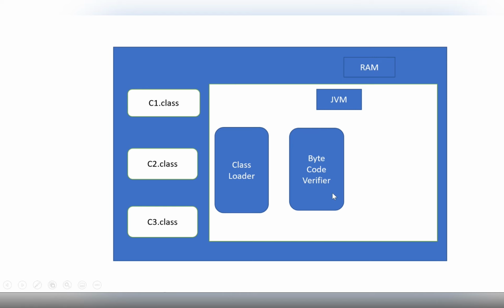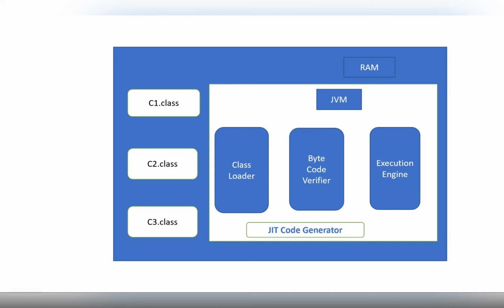Once the bytecode got verified, we have an execution engine in our JVM which executes these .class files into the machine code. This is what we call a JIT code generator. JIT means just-in-time code generator. Here in Java, we are converting all these .class files to machine code just-in-time. That is why Java takes more time to compile your code when compared to other programming languages.